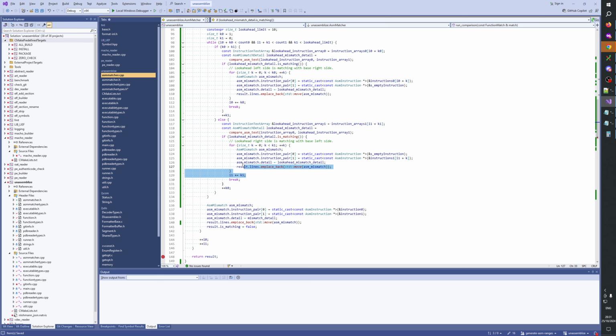But now we still have one thing to do. Basically, if one of these conditions is hit here, then this doesn't need to happen, right?